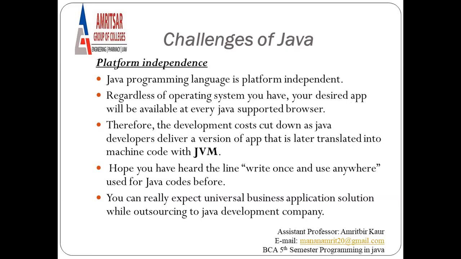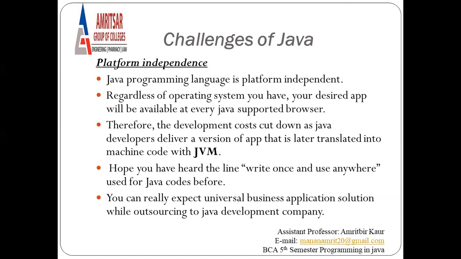Therefore development cost is cut down, as Java developers deliver a version of the app that is later translated into machine code with the JVM. So here the cost decreases because a web application developed in Java can work on any platform. The users do not need to buy specific hardware or software. You have heard about write once and use anywhere for Java code before.